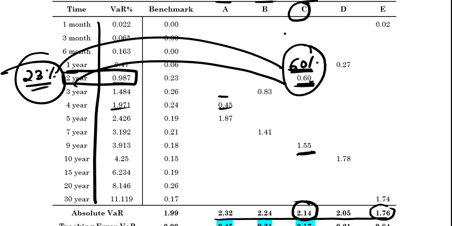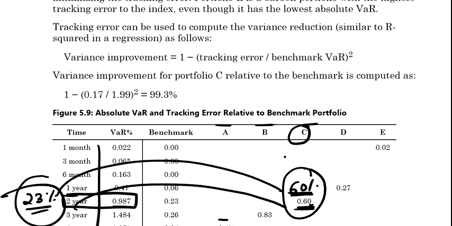Clear? Now in regression we used to calculate R square, which shows us how much the variables we are using explain the value of Y. Similarly, here we are calculating the variance improvement.